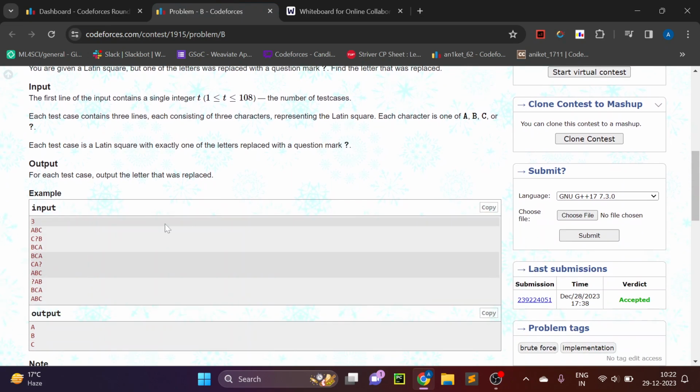Now if one of the blocks is replaced by a question mark, we can ignore that question mark and calculate all the occurrences of A, B, C in the other blocks of the grid, and we have to print the one character which has occurrence 2.